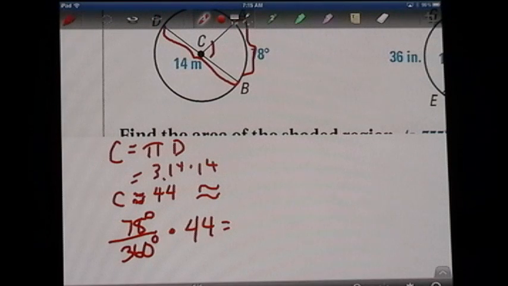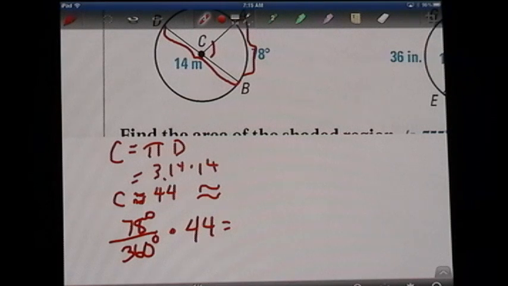So on your calculator you're just going to key in 78, and a fraction is always division, 360, 78 divided by 360, and you can either press the equal sign there or not, and then multiply that times 44. And you're going to get 9.5.